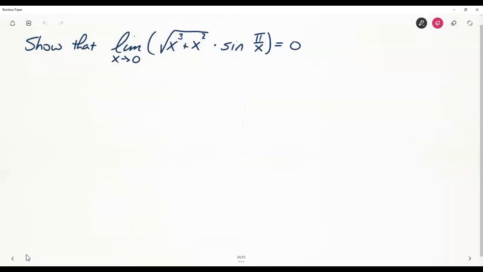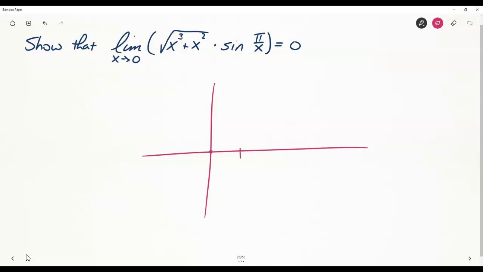So I want to find a smaller function and a larger function. And what do you know about the sine function? What is the smallest number sine of x can take on? You remember its graph, right? Starts here.